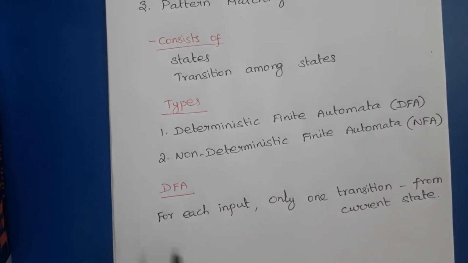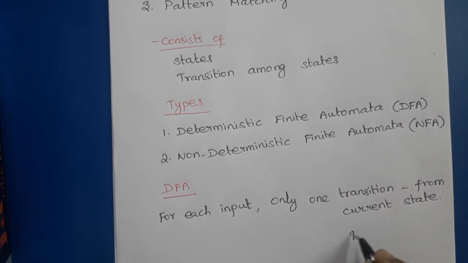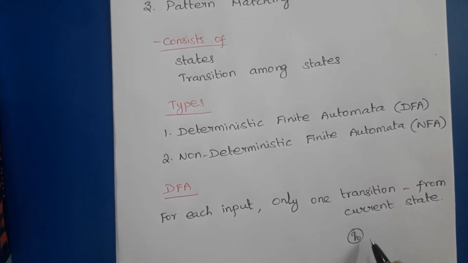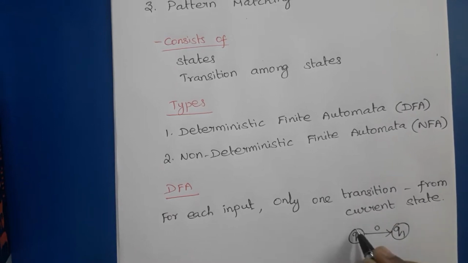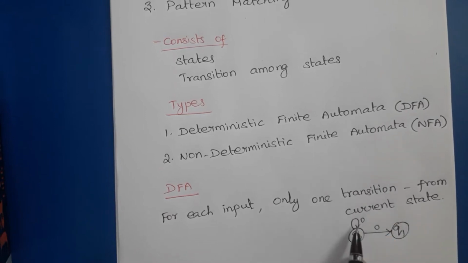DFA means for each input only one transition is possible from the current state. For example, from state Q0 with input symbol 0, it may go to Q1 or Q0, but both transitions like this are not possible. This is not possible in DFA because from the state Q0, 0 goes to both Q0 and Q1.